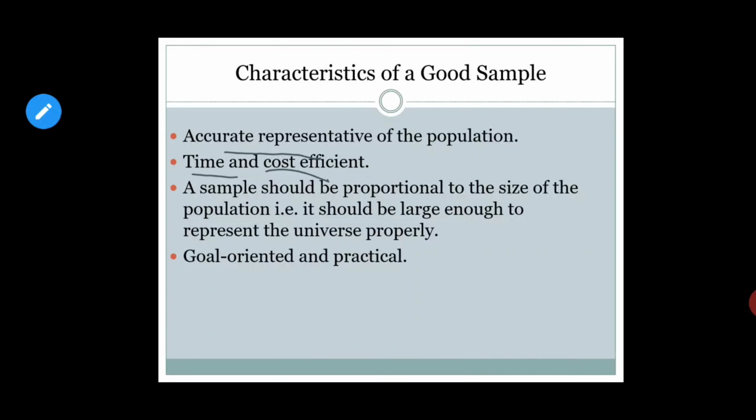So let us say there is a population of 1,000 people. If you select a sample of only 5 people, then that is not sufficient enough to represent the entire population, right? So make sure the sample is proportional to the size of the population. And it is goal-oriented and practical.